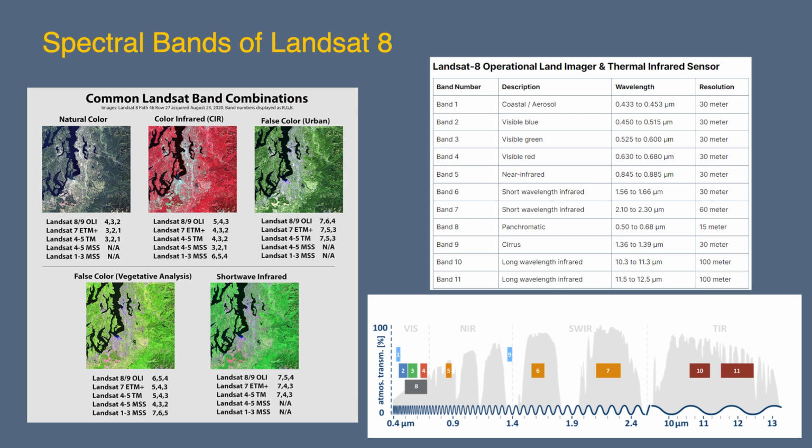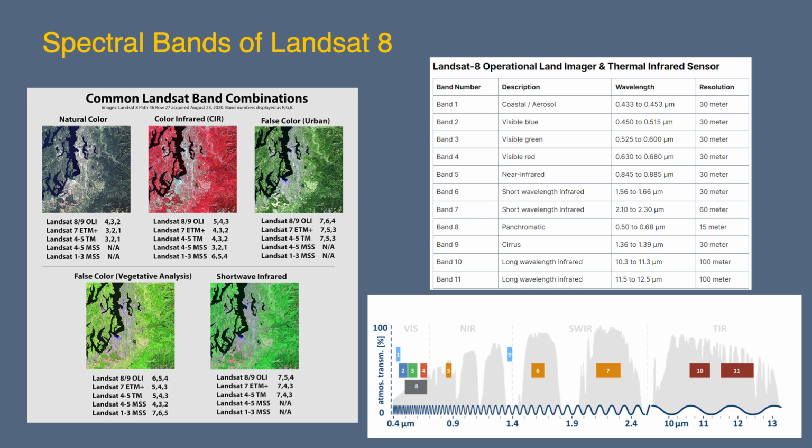Red band, band 4, is useful for detecting changes in vegetation condition and land cover. Near-infrared range, band 5, is widely used for analyzing plant health and helps differentiate vegetation from soil and water.